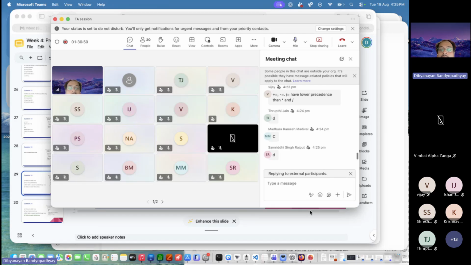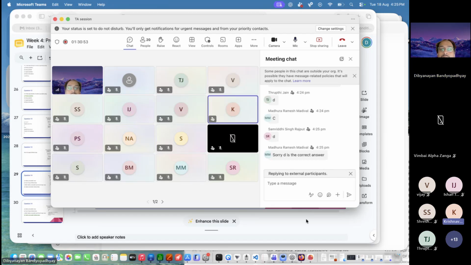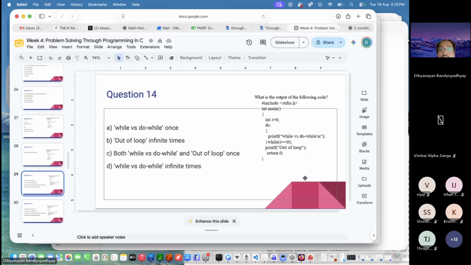D, C, D. Yeah, so while versus do while, infinite times. So while is not breaking the loop actually. So can anybody explain?